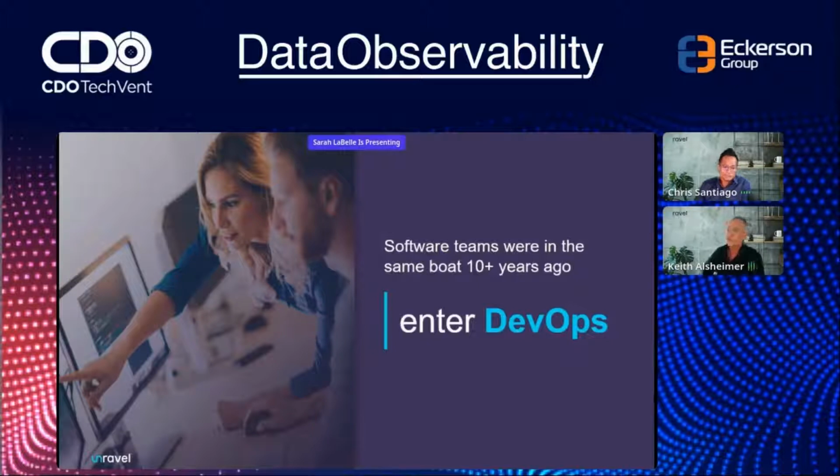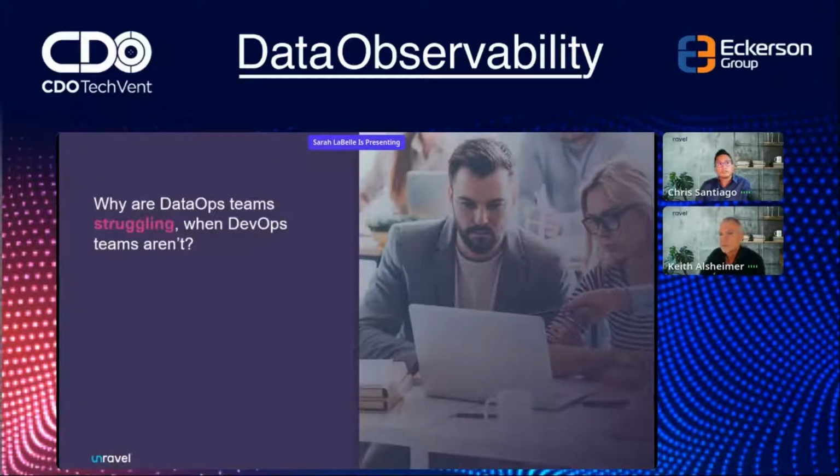And that resulted in significant gains and improvements in the way that software is developed. So if you think about that, data teams basically need the same thing that software development teams did 10 years ago in implementing DevOps. And DataOps is the answer to that.